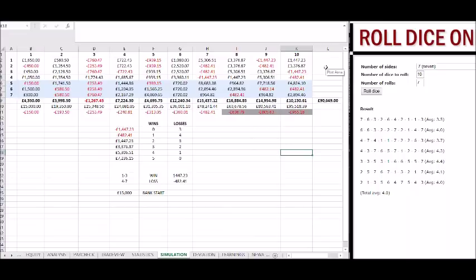I believe that the top IT contractors would normally be taking home about £1,000 a day.